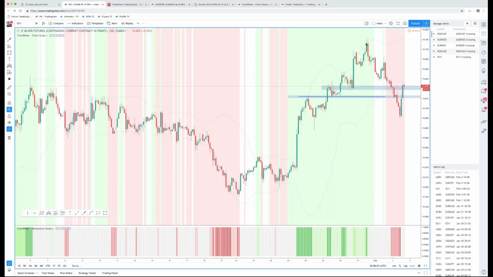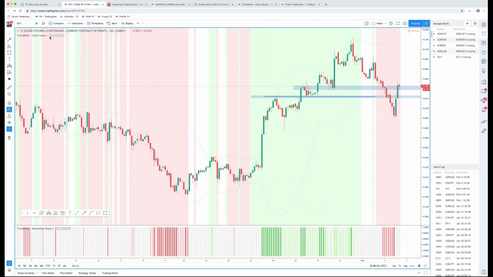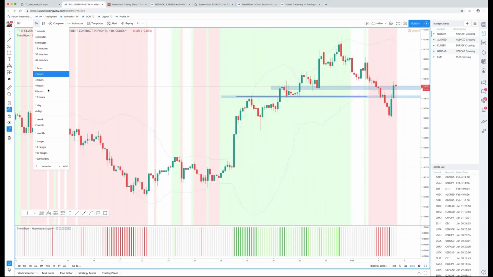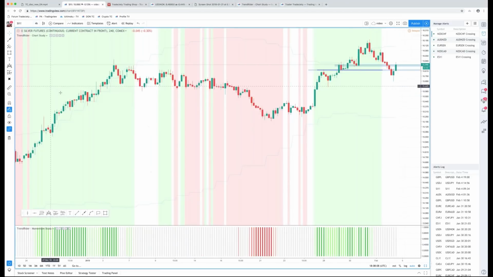So silver, let's go to the higher time frames. It's a little bit tricky. I was looking to trade this as well. You have a few potential shorting points. Right now, I was expecting a bounce a little lower in this candle.